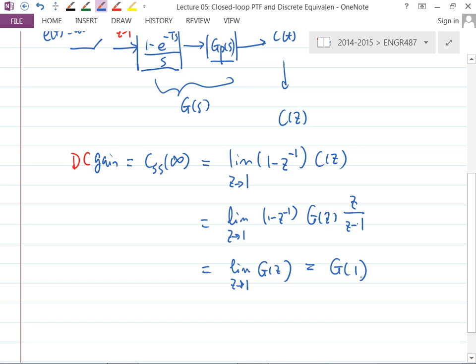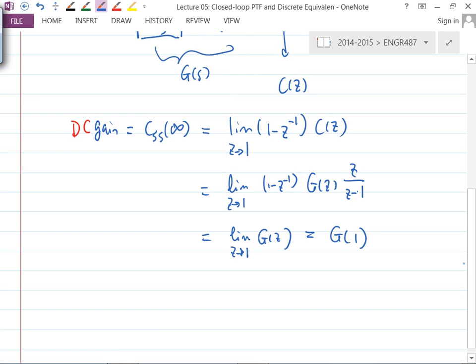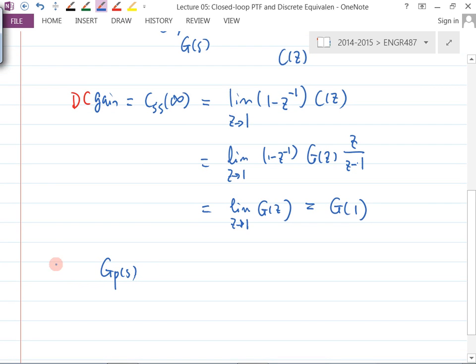Is that good? A continuous system also has a DC gain concept. Let's say you have just a plant, and you want to know the DC gain for the plant. What you do is just let S go to 0, and that's the DC gain. And this is for a continuous system, right?